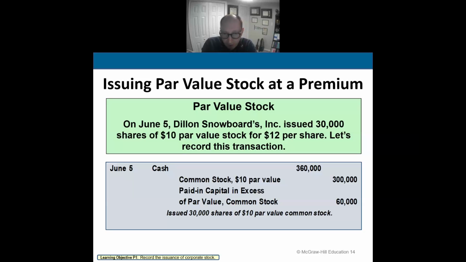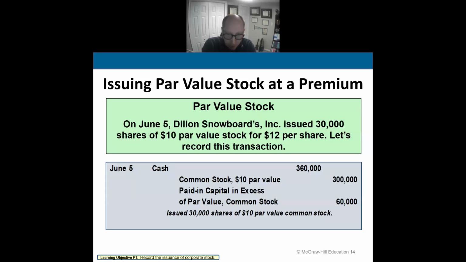So par value is $10 per share. So $10 per share times the 30,000 shares, 300,000. We credit 300,000. Then we credit the difference. The difference is $2 per share. The price per share on the market, $12, minus $10 par value. That's $2 per share. Okay.